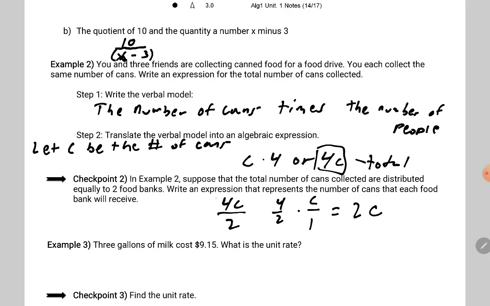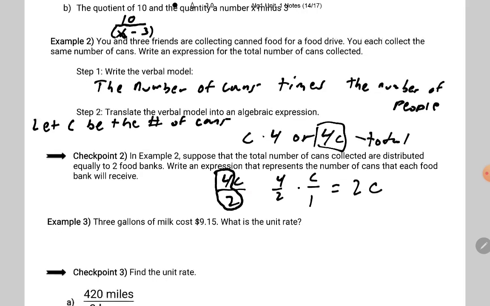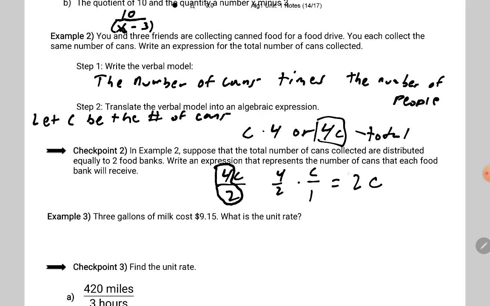We can just look at the numbers and reduce them like we do normal fractions, but this only works if C is attached, with no addition or subtraction going on in the division. So each of the food banks will receive 2 times the number of cans that one of you collected.